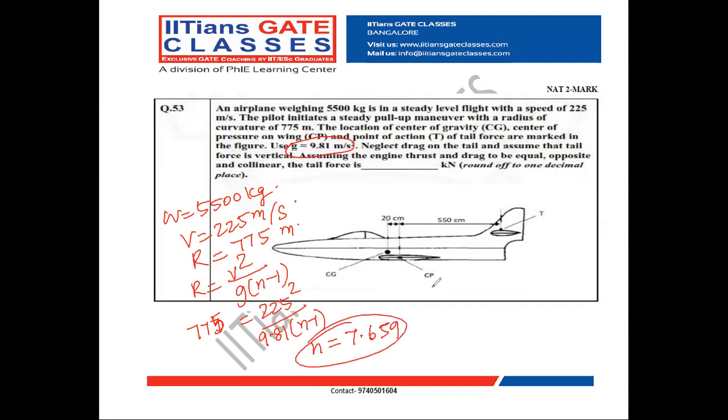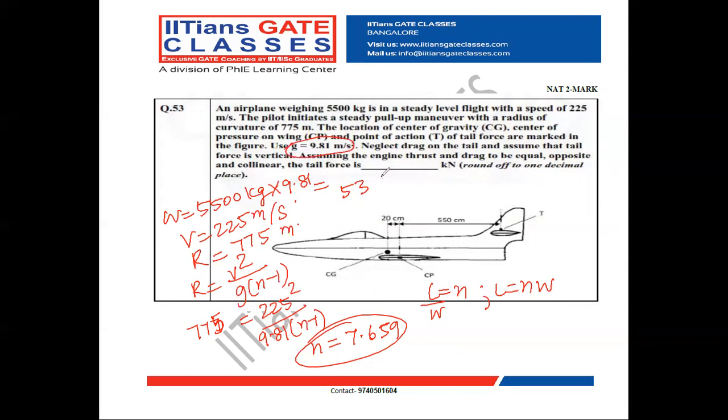So from this I know lift by W is nothing but the load factor, so lift is nothing but n into W. First W is in kg, so I have to convert it into Newtons. If I multiply it by acceleration due to gravity 9.81, we get it in Newtons.